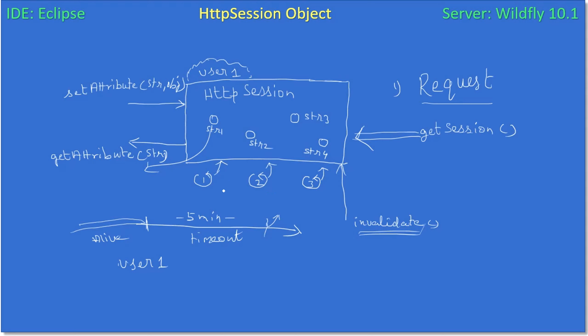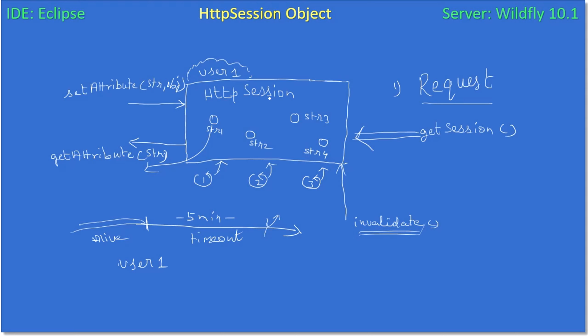The pages may access either the same servlet or a different servlet, but they access the same HTTP session. Inside it, one of the objects may be an array of objects, which maintains the user's shopping cart, that means the items placed in the shopping cart. So that will be an array, right? After they check out, the order will be placed, and usually the web application makes a call to invalidate.